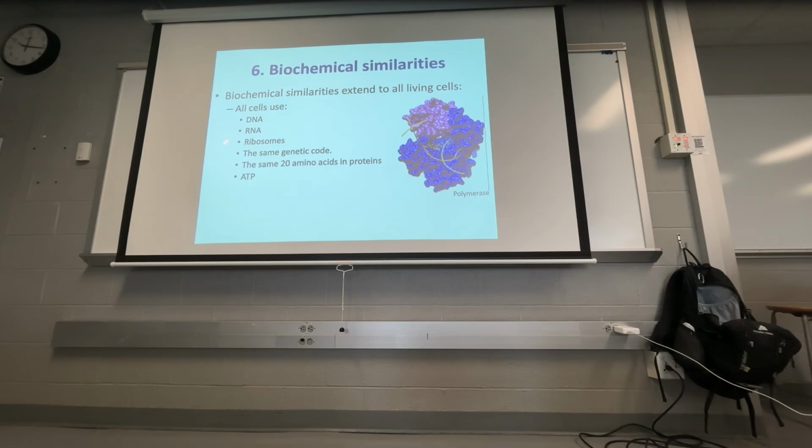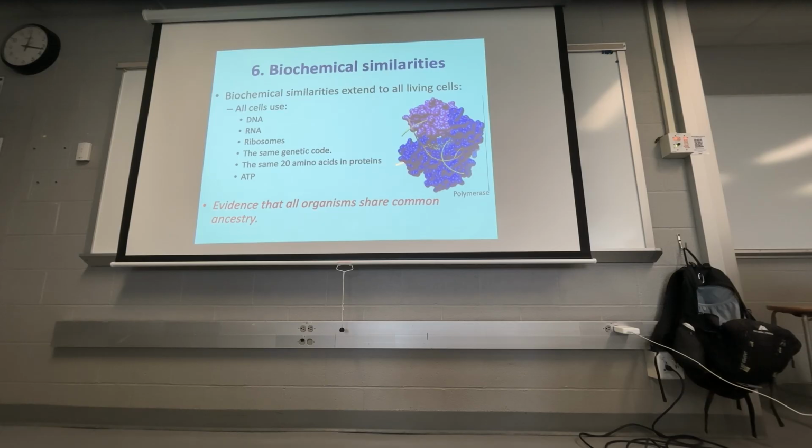And all life, all eukaryotes at least, use ATP as their universal energy molecule. So that is great evidence that all animals share common ancestry. We all came from one or more single-celled organisms back in the day that eventually led to all of the diversity that you see.